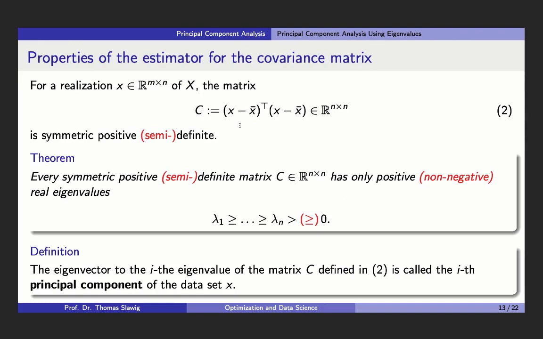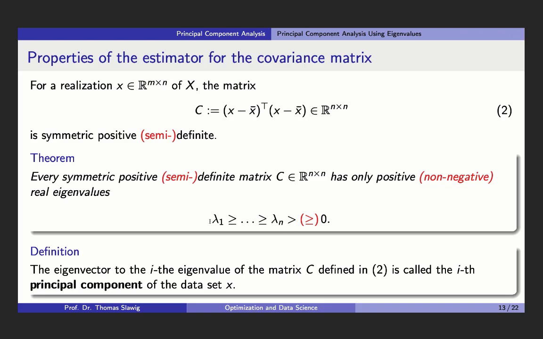If we consider this matrix here as a candidate, and we can of course always add the fraction 1 over m minus 1, this matrix is a symmetric positive definite or positive semi-definite matrix. Then we even know that we only have positive or non-negative real eigenvalues. We already had this in the lecture about the optimality conditions.